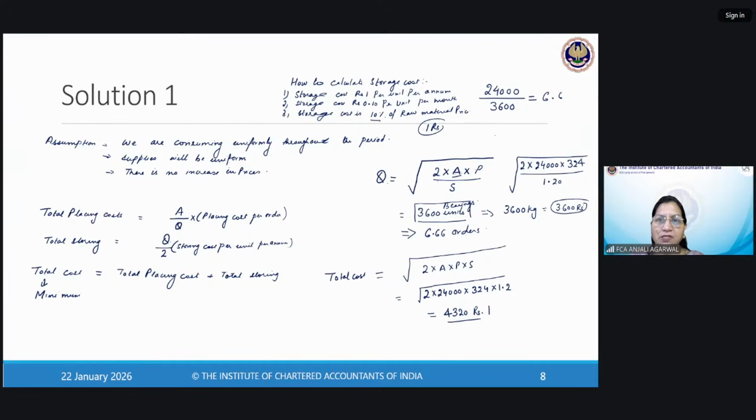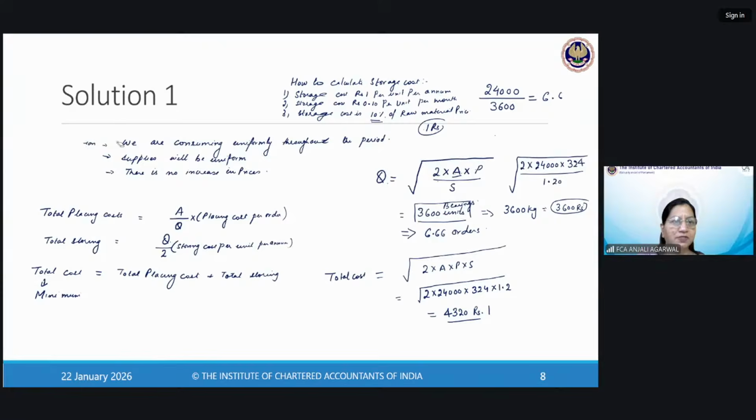So if the storage cost is expressed as a percentage of the raw material price, one other piece of information we need to know is the raw material price. The total raw material price would be 24,000 rupees, but storage cost as a fraction or function of raw material price.